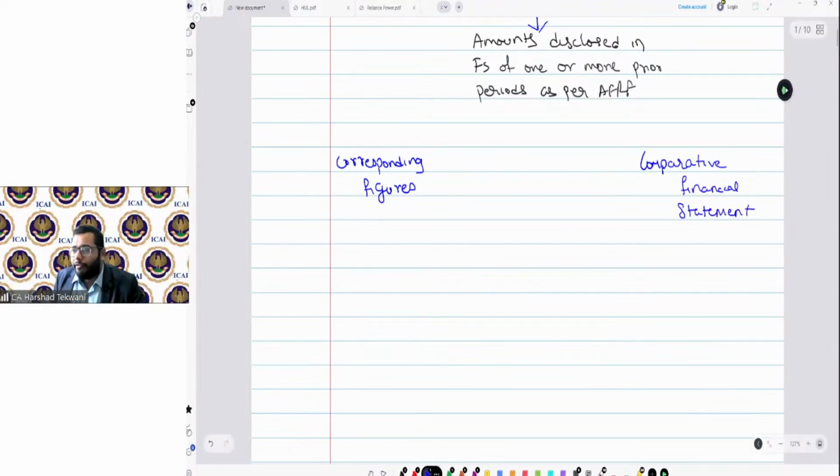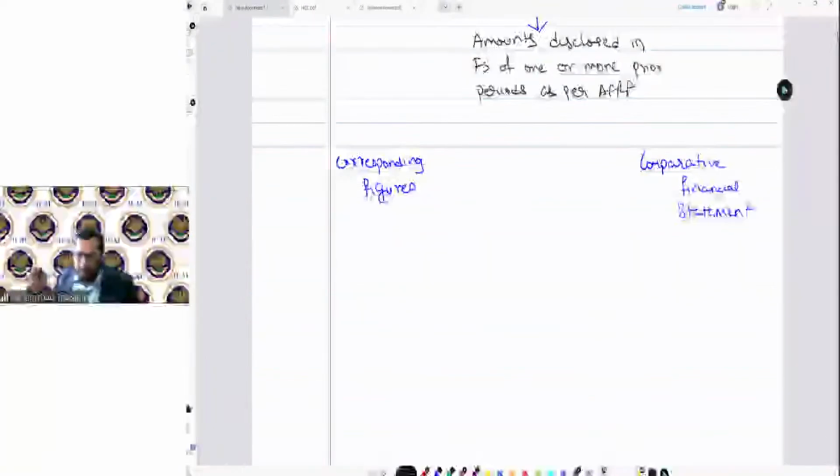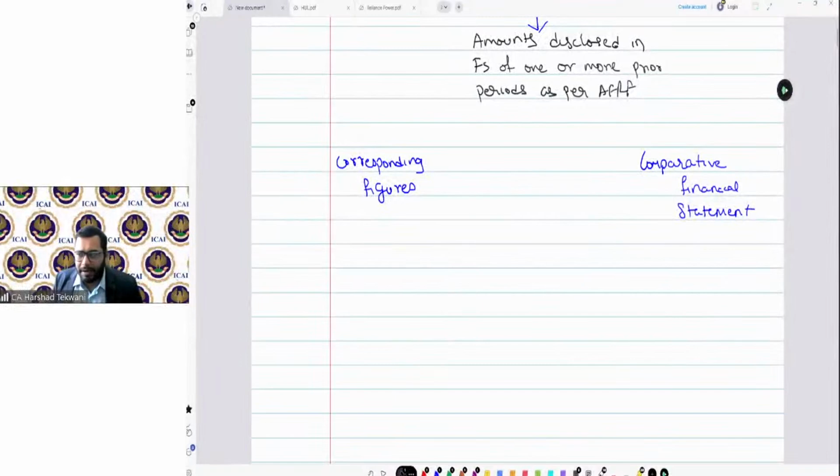Now, when I talk about corresponding figures first, corresponding figures are figures included in my current year financial statement, given and disclosed along with current year numbers.